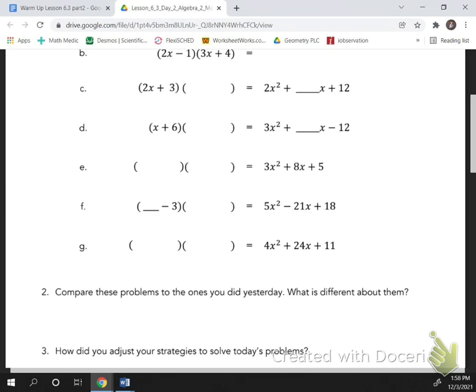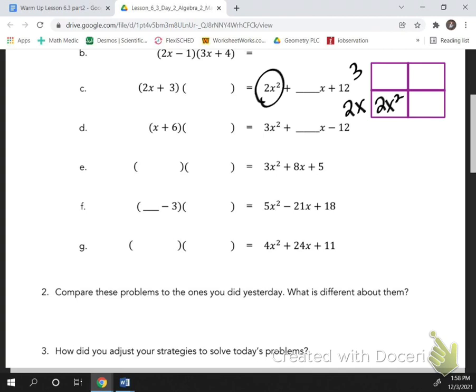So for C, I'm going to use a box to get us started. Okay? I know a factor, so I'm going to write it on the outside. I'm always going to start by putting my ax squared term in the bottom left and my c in the top right, and I know the one factor.